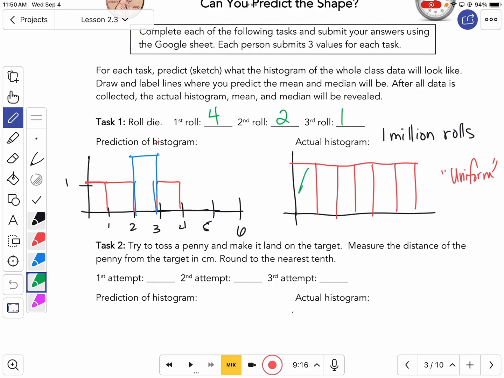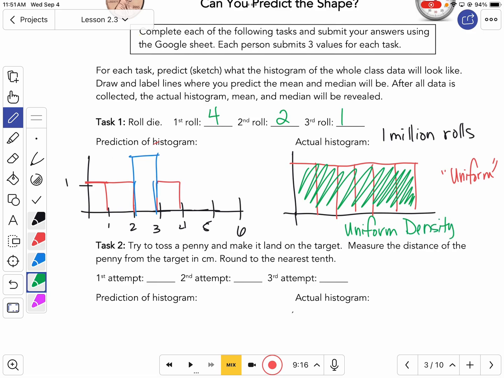We would refer to all of the area inside that rectangle as a uniform density curve. Now, the word curve is funny to me because it's a straight line, but that's what we call it.